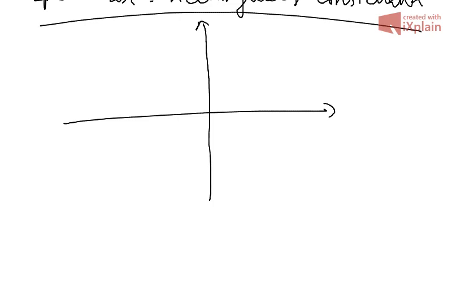If you see your rectangular constellation, your signal points are on rectangles. For example, you have an inner rectangle here, and then you can have another rectangle here.